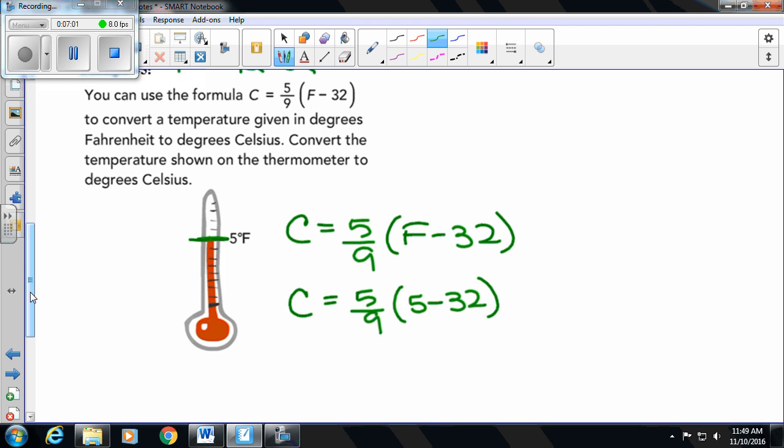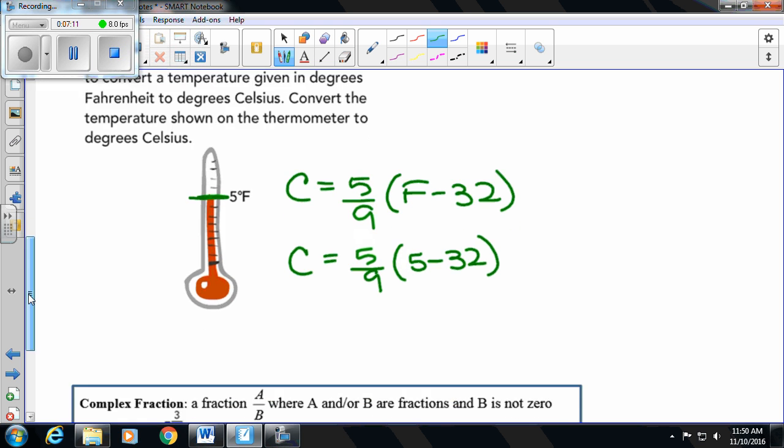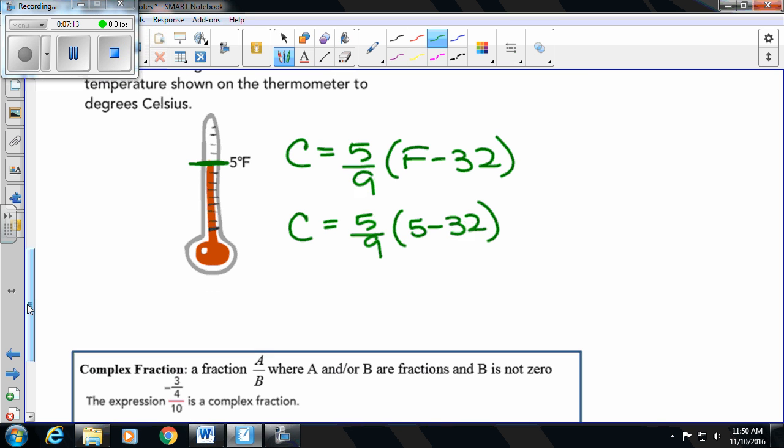Here's one of those situations. I have two options. I can either use the distributive property, or I can follow order of operations and do 5 minus 32 first. In this case, because I want to avoid having to work with a bigger fraction, I'm going to do 5 minus 32, which becomes 5 plus -32, which we know is -27.